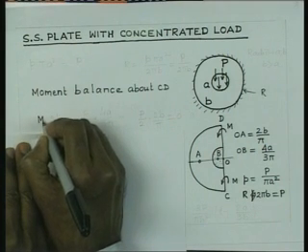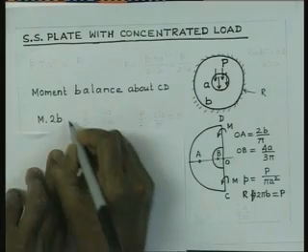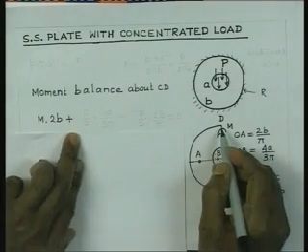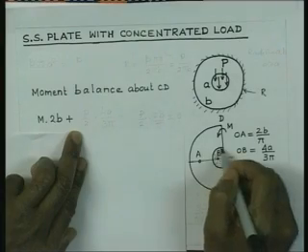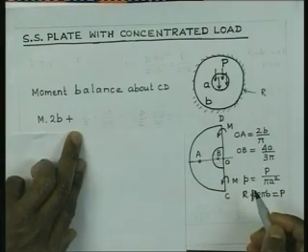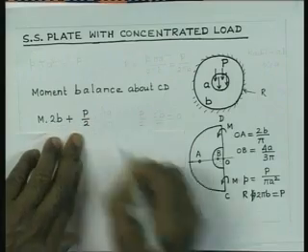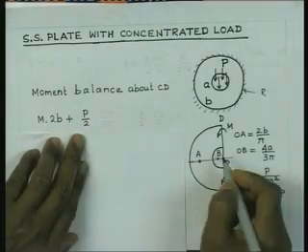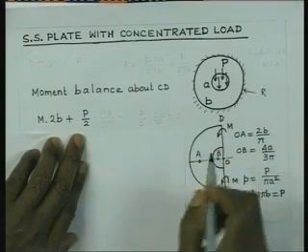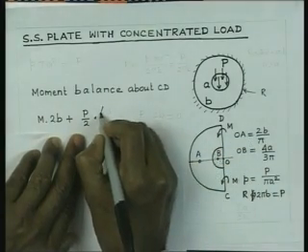So, we will have anticlockwise moment of magnitude M into 2b. We have this load which is acting over this semicircle, its magnitude is P by 2 and its moment arm is 4a by 3 pi. So, this moment is again acting downward. So, therefore, we will have again anticlockwise moment.